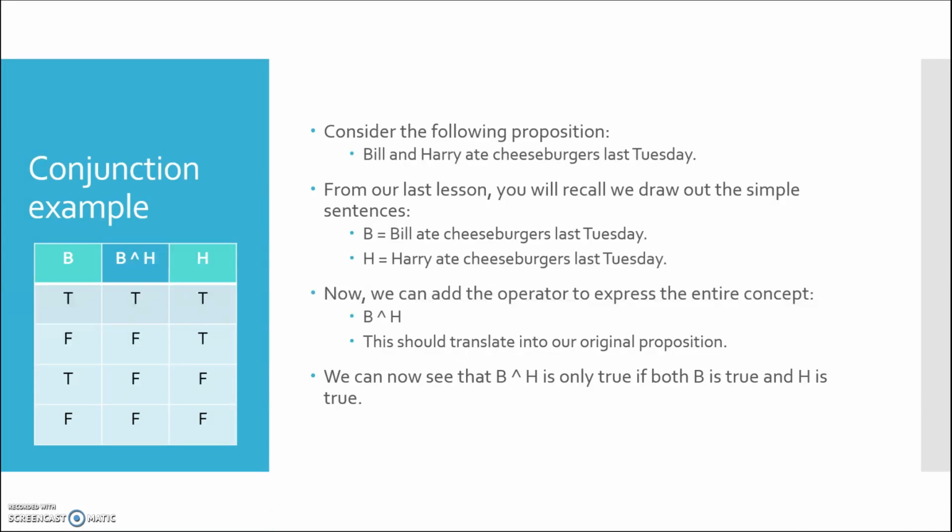Once we have those variables, we can insert our operator, the wedge, which represents and, which should translate into our original proposition. To read it out, Bill ate cheeseburgers last Tuesday and Harry ate cheeseburgers last Tuesday.